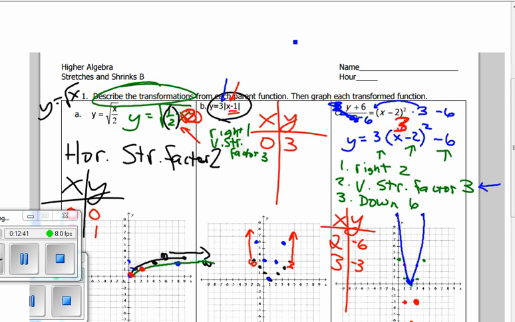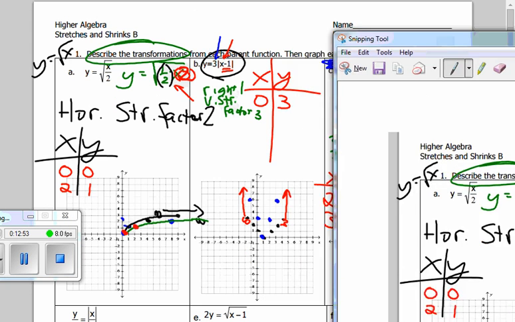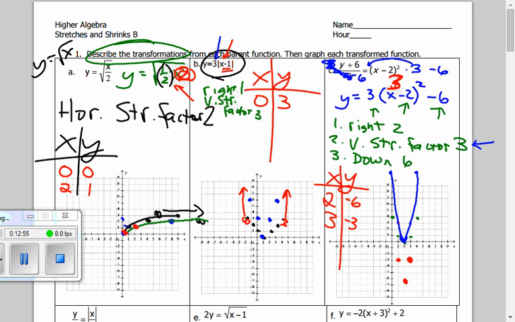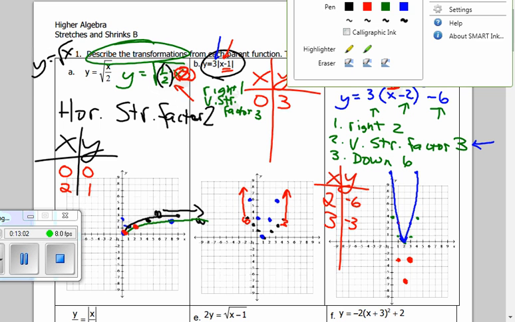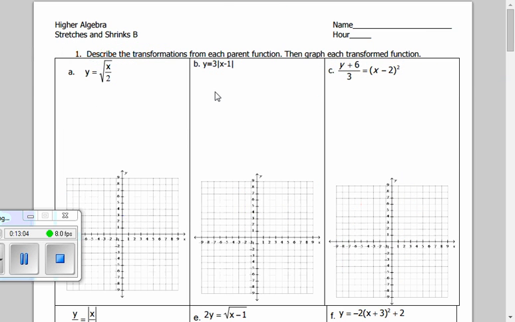Oh, this got unplugged. That's why I can't turn this thing on. And I'll drag it over to my second screen. There we go. And then I can clear this board off. And that writing will still be on my other screen.